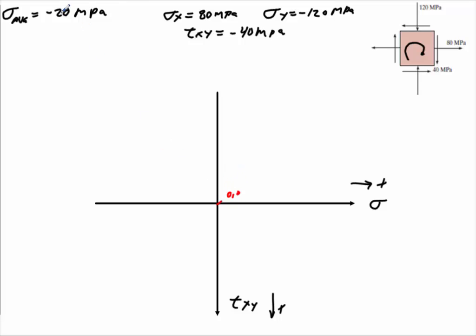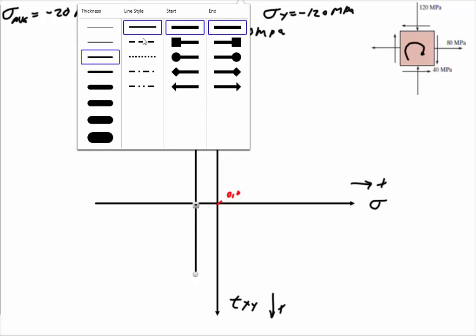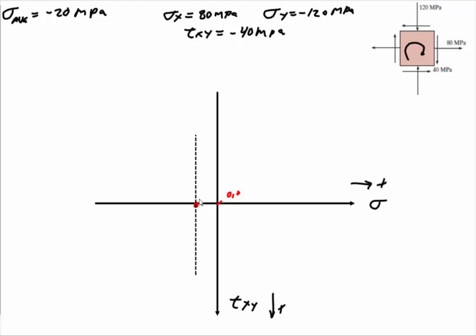You want to go to the left by 20 because it's negative, and right there we'll establish the negative 20 point. We'll draw an axis through there coming up. Move that around, get it right in the middle. I'll make that dashed and de-emphasize it just a little bit. Alright, so right there is the center of your circle.